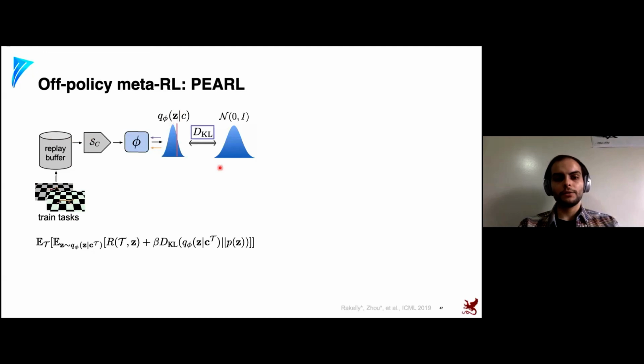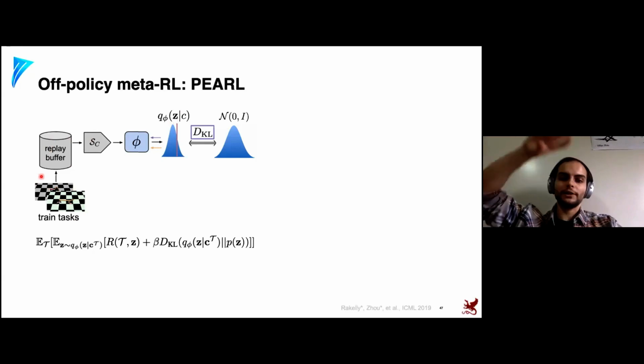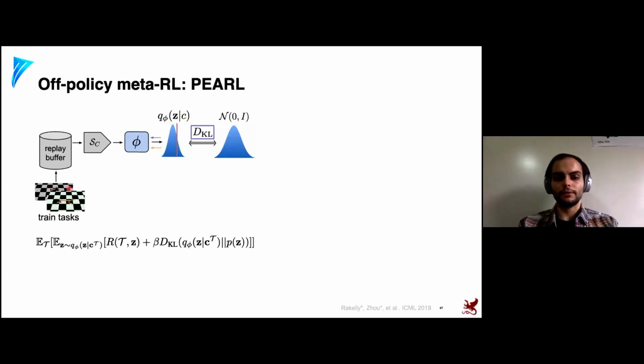Okay, so what I mean by variational autoencoder: you have observations which are coming from your replay buffer, and you have some latent z's. Now you'd like to learn basically the conditional distribution q(z|c), where c is the context coming from the replay buffer. The objective function that you have here on the slide is basically the generic variational autoencoder objective. We have this D_KL between the prior and this posterior, maybe weighted by some beta, as in the beta-VAE.